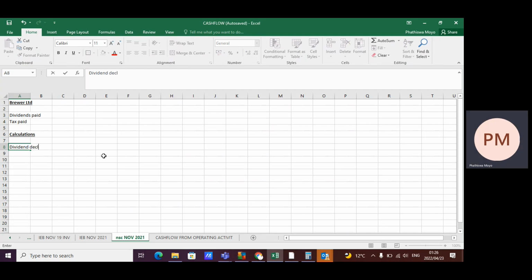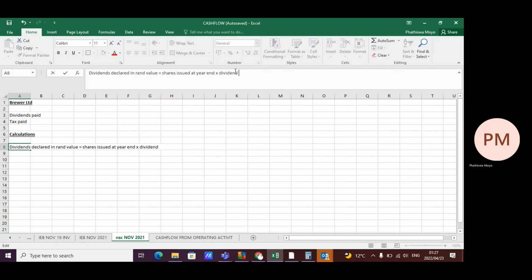Dividend declared in rand value equals shares issued at the end multiplied by the dividend declared per share.